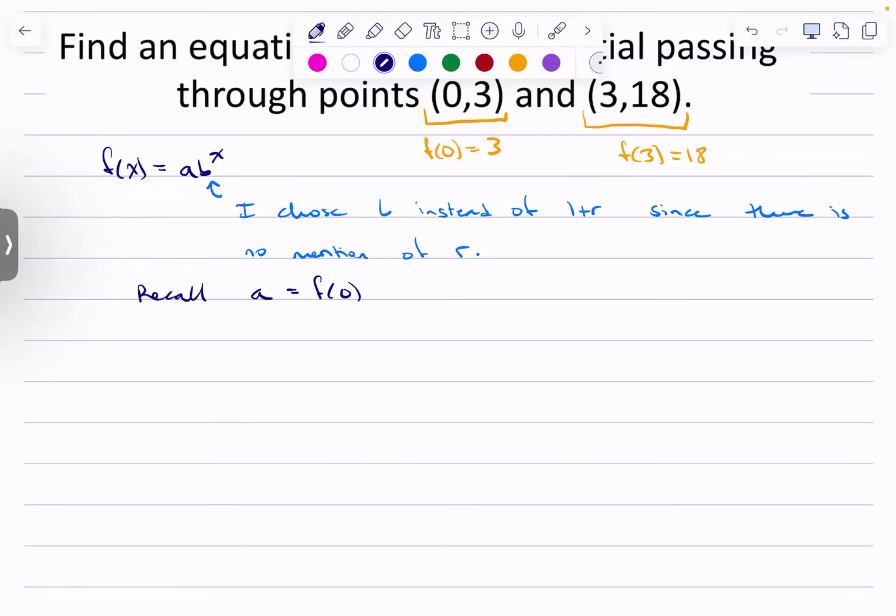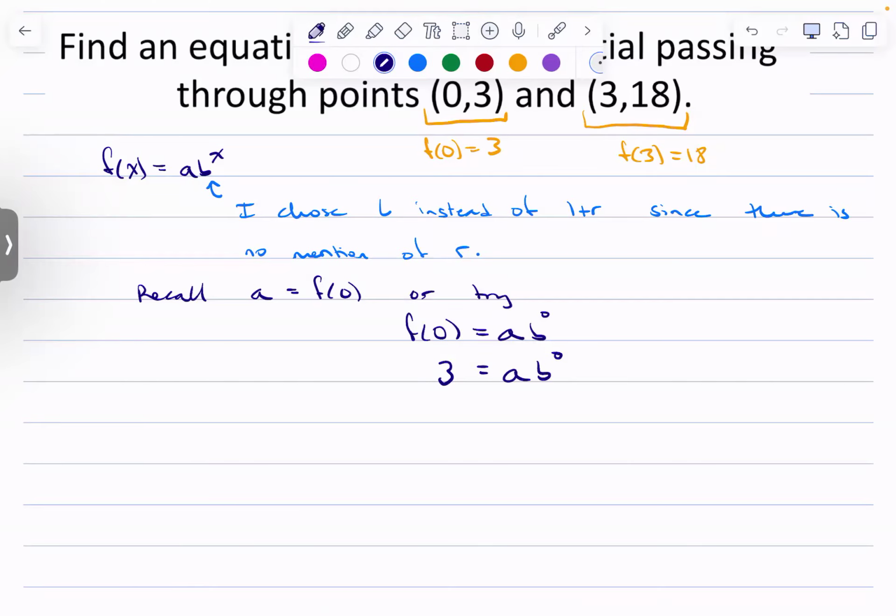If you don't remember that, f of 0 is a times whatever b is to the power of 0, and that is going to have to be 3 by that point, 0, 3. Or maybe I should write it properly: f of 0 is 3, a b to the 0.